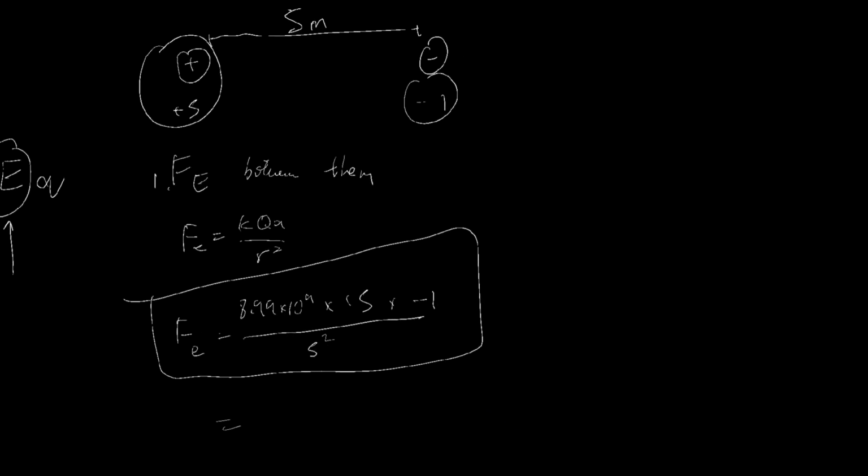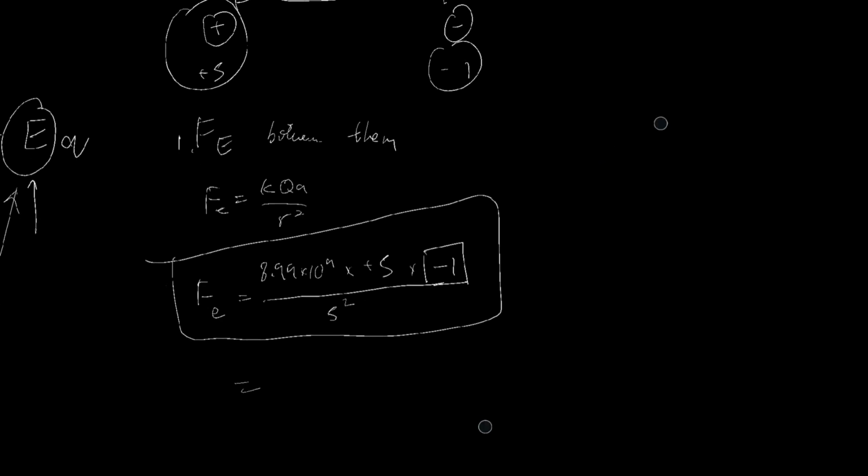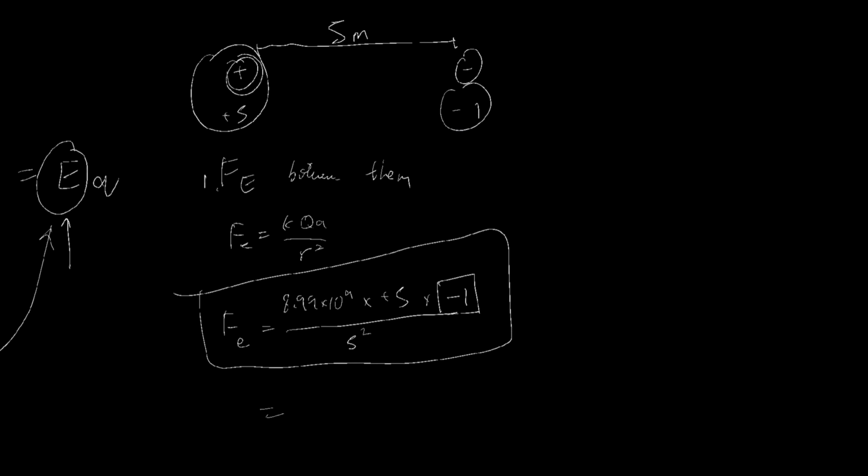However, one thing that I want to note is the negative signs. As you can see, if one of the charges is positive and one is negative, the resulting electrostatic force will be negative, because positive times negative equals negative, right? Negative Fe generally means that the charges are attracted to each other.